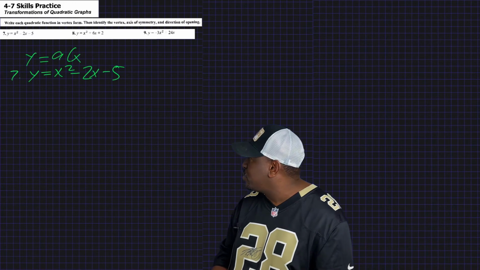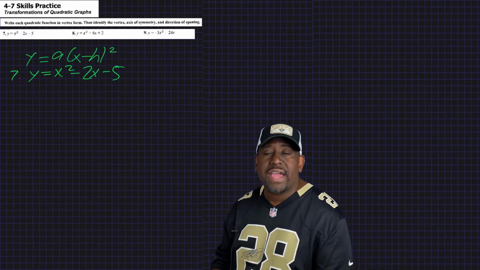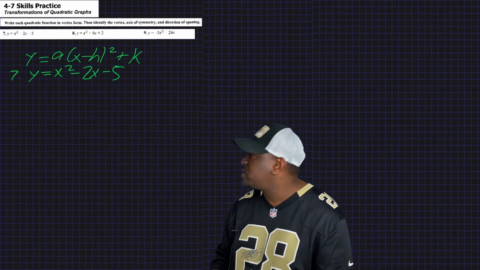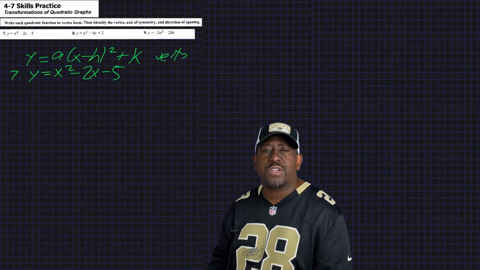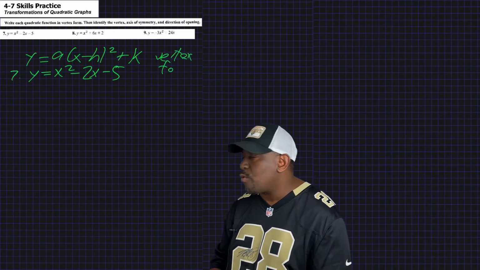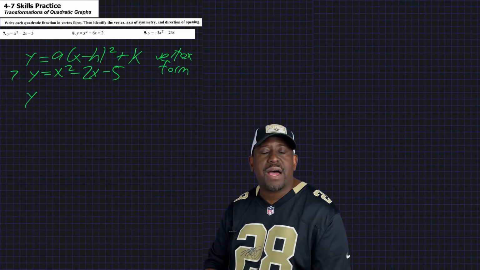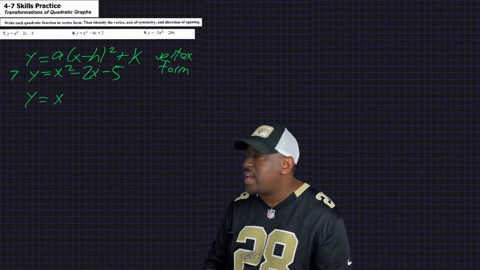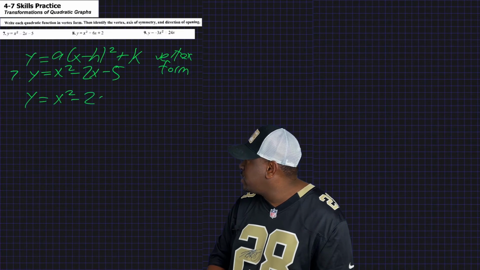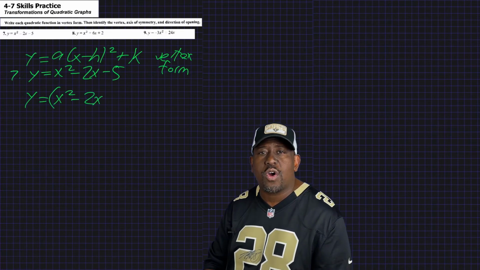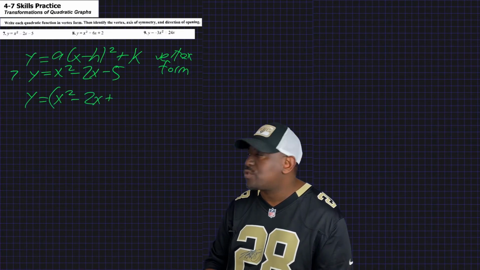We're doing number 7, y equals x squared minus 2x minus 5. The first thing we want to do again is write the vertex form of the problem, a times x minus h squared plus k. To put it in vertex form, we have to complete the square.